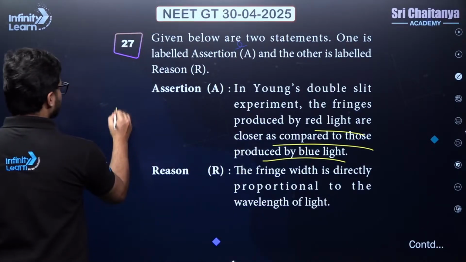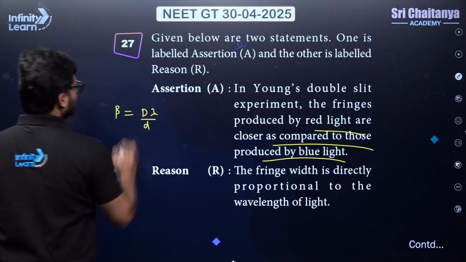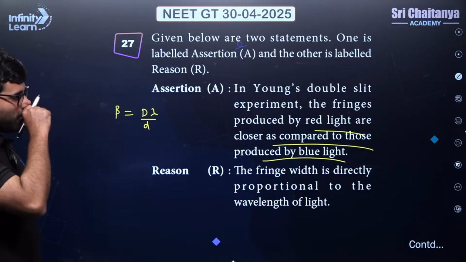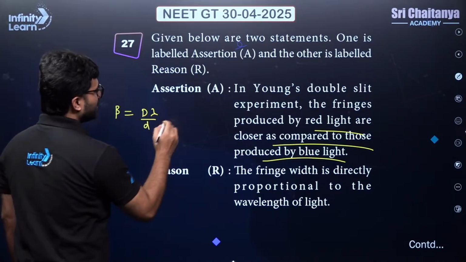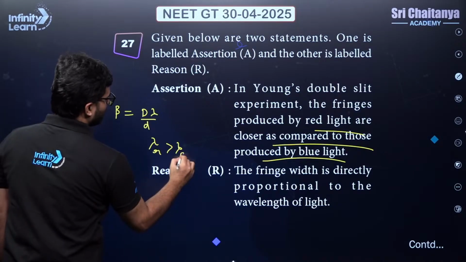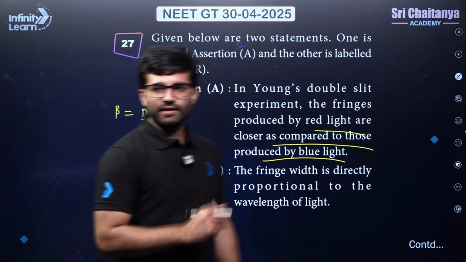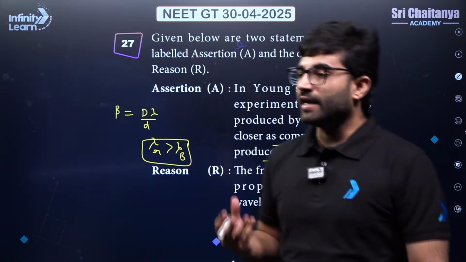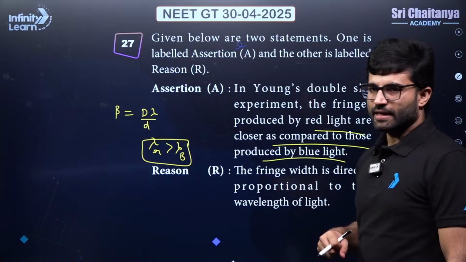Fringe width is given by D lambda by small d, where lambda is the wavelength. The lambda of red light is more than the lambda of blue light. So the fringe width of red would be greater than the fringe width of blue. Understood?